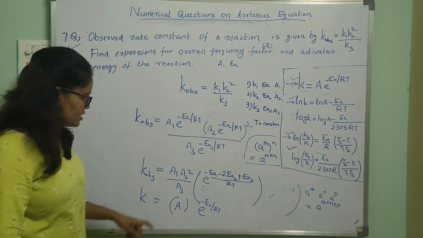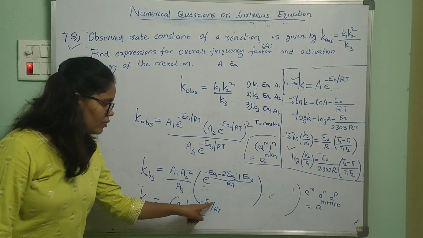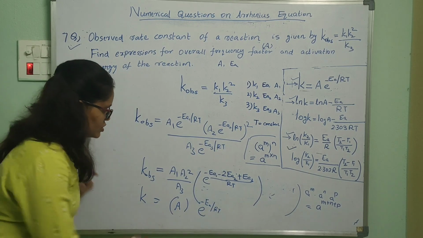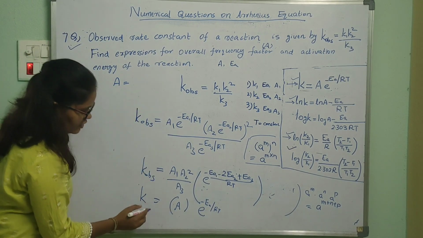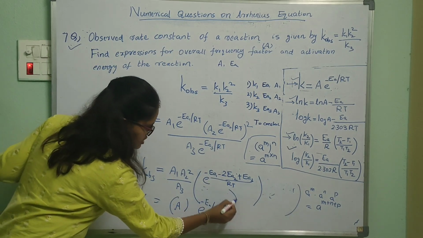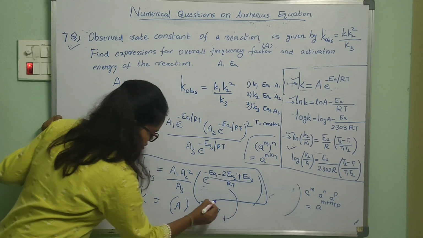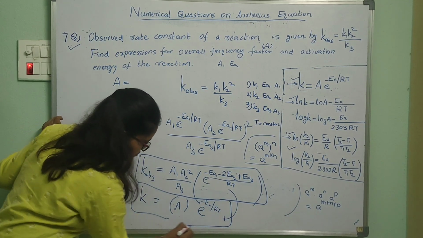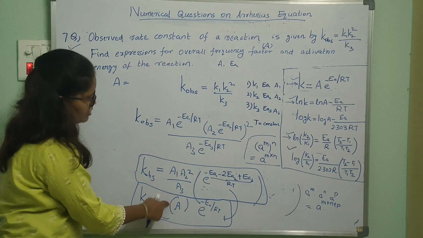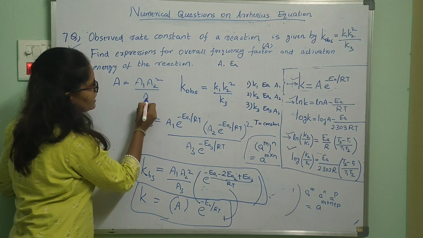Now you can easily compare. This is of the form A into e power minus EA over RT. So when you compare these two equations, in the place of A you have A1 into A2 square by A3.